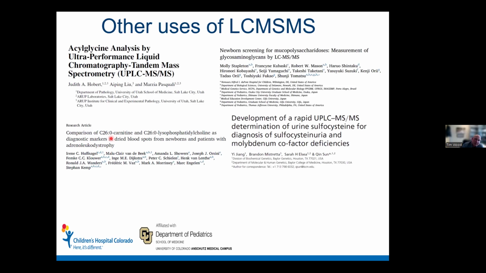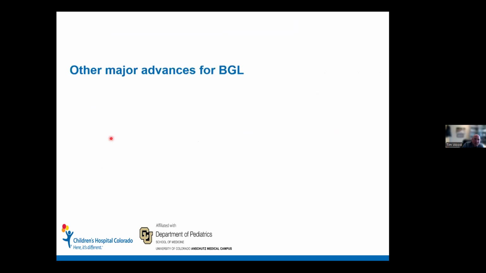Looking at specific assays, some of the classic metabolites that we've used, things like ion exchange chromatography for, like, sulfocysteine. And it just goes on from there. It's why this talk is a little bit hard to do, because there are so many different avenues we could go.